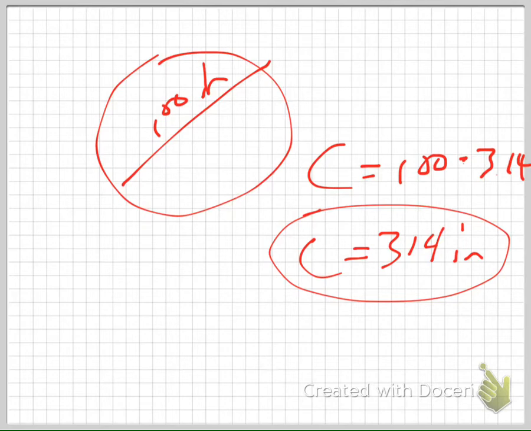What does squared mean? What's the difference between inches and squared inches? What is 1 inch and what is a squared inch? You guys don't know the difference? 1 inch is a distance of 1 inch.